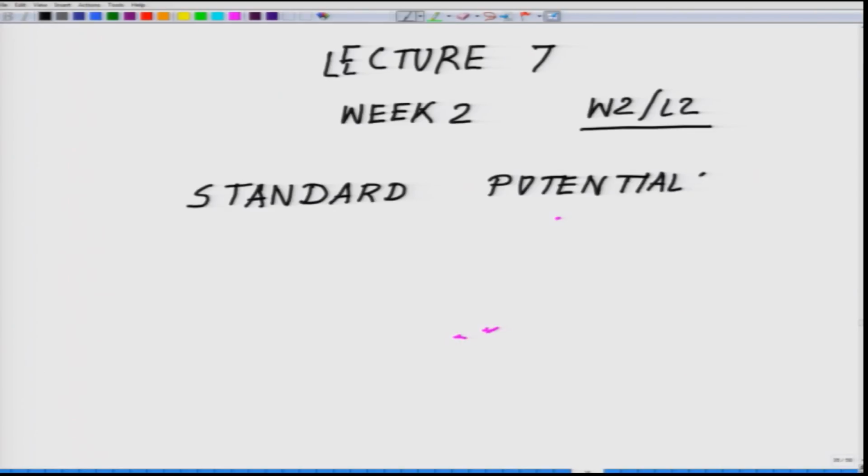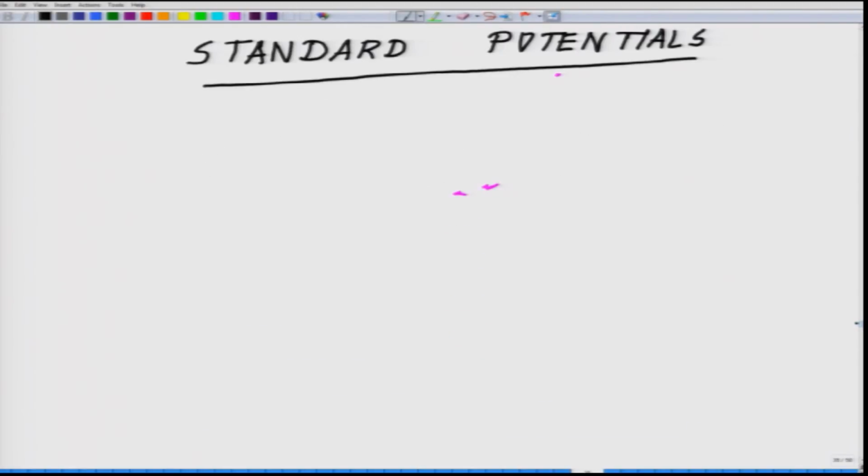Before we get into the standard potentials, let us recollect where we ended up in the last class.